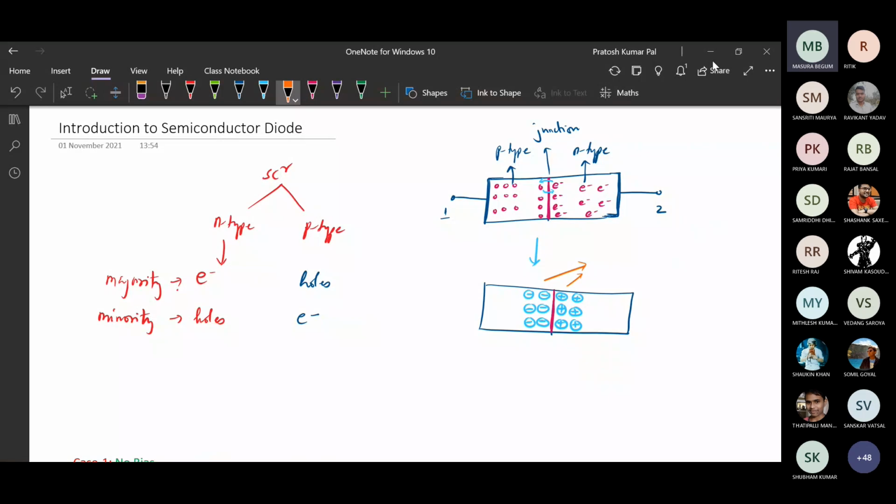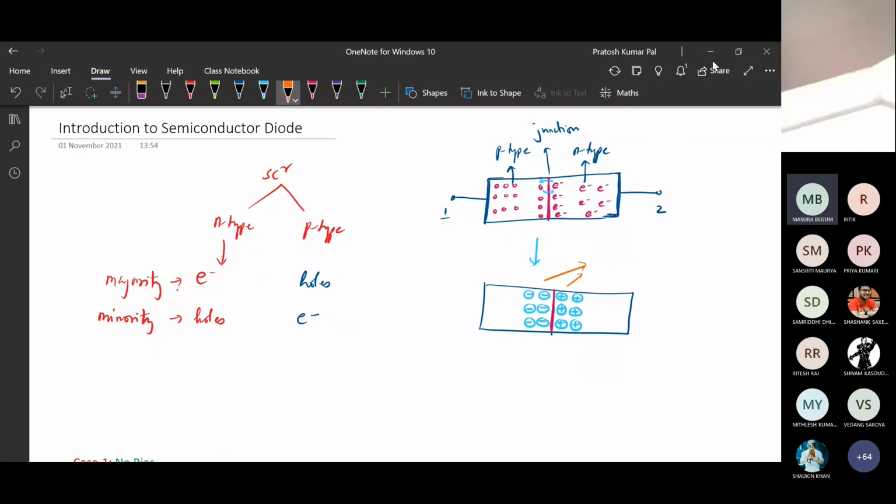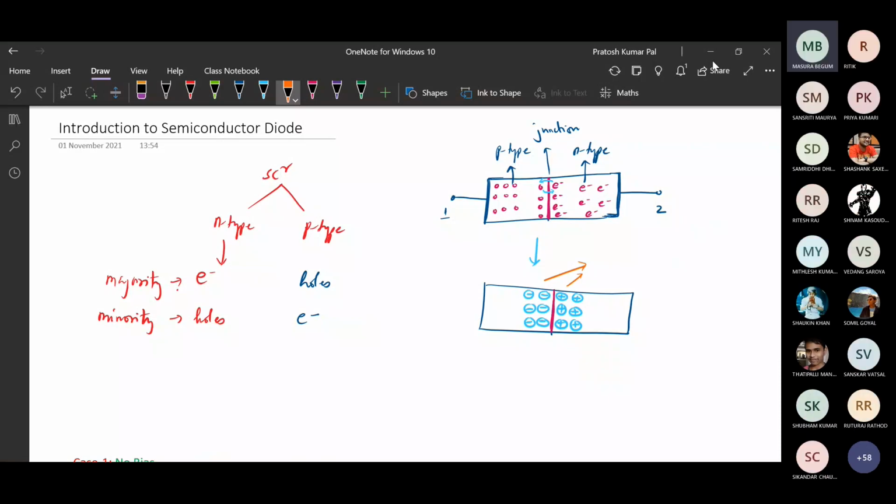So across this junction there will be a voltage. This voltage, which develops because of the immobile charge carriers, is called the barrier potential. Here it will be negative and this side positive.